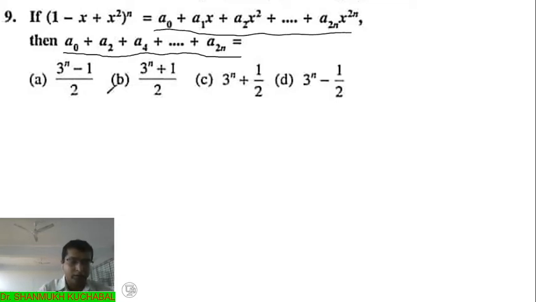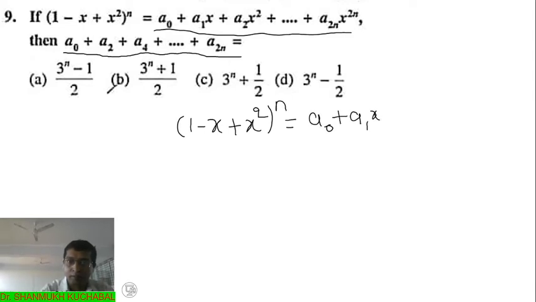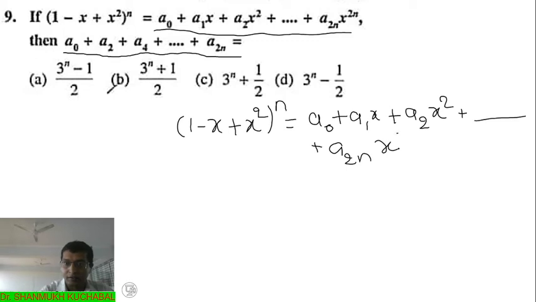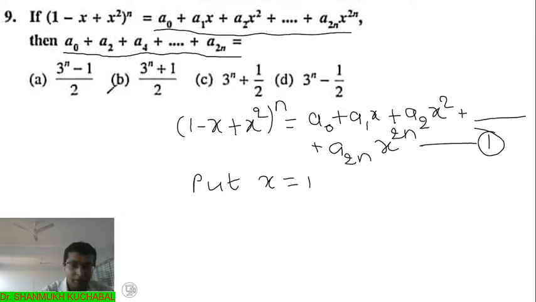So it is given that (1 minus x plus x squared) raised to n equals a0 plus a1x plus a2x squared plus so on, up to a2n x raised to 2n. We have to eliminate odd terms, so I put x equal to 1 in equation number 1.